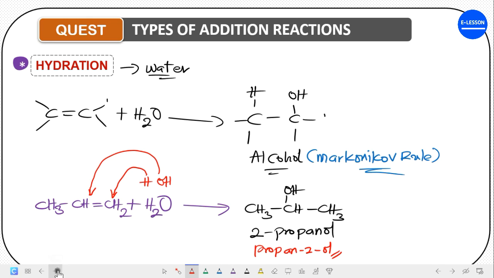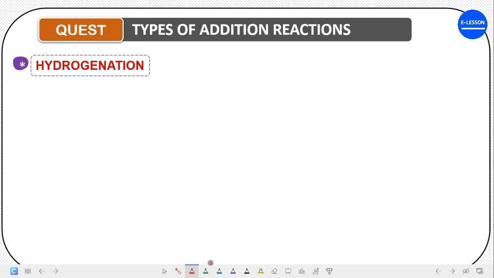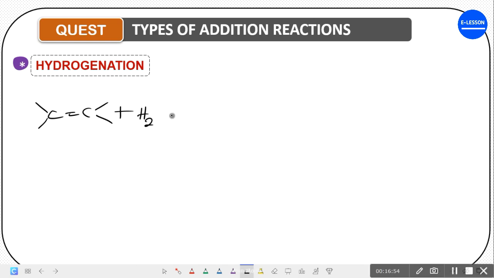Now, the next one is hydrogenation. Hydrogenation is addition of what? Hydrogen, okay, to alkene with the appropriate catalyst. Okay, so for instance, if this is an alkene, we are just using this to represent an alkene, which is like a formula for alkene plus H2 in the presence of catalysts such as palladium or platinum plus heat.